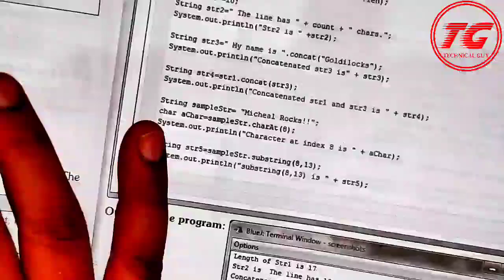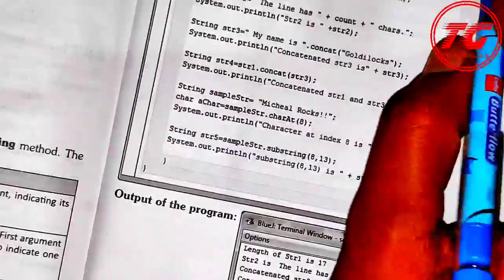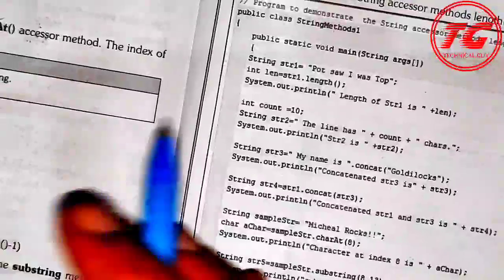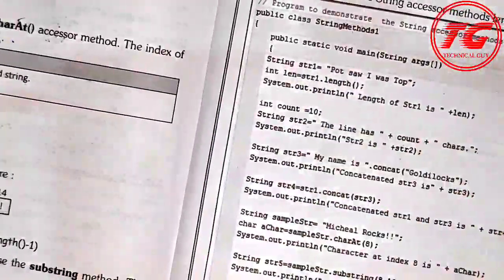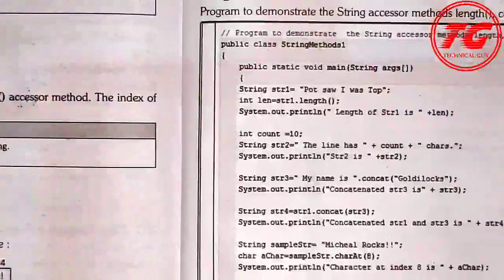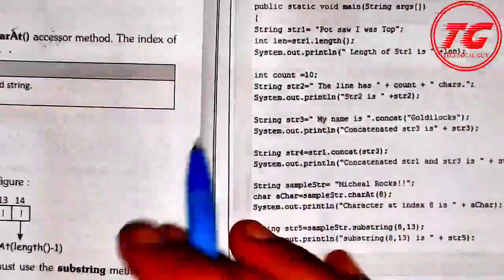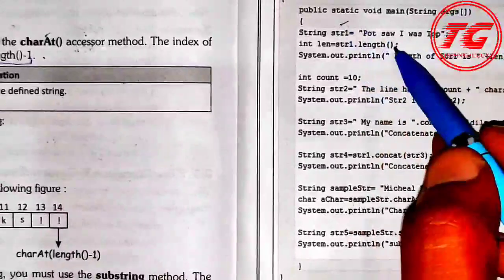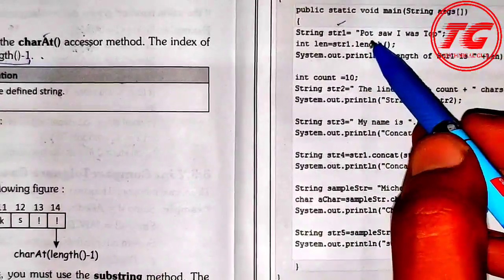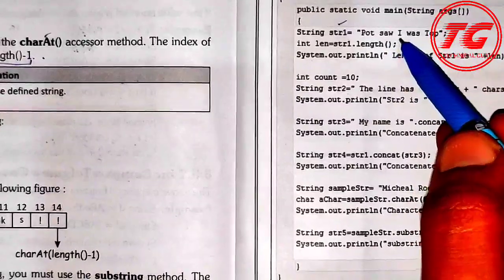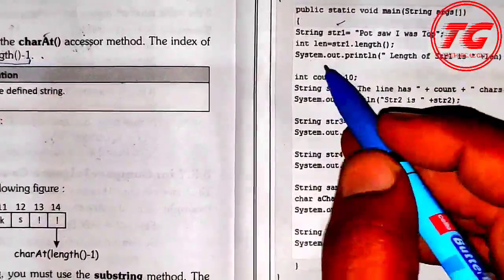Next we have this program to understand the length, concat, charAt and substring methods. Here we have created a class, and inside this class the main method is there. In the main method we have string str1 and it is written here, pots saw I was top.